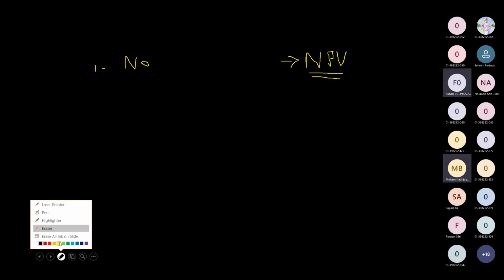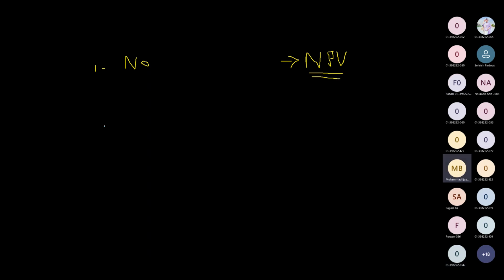Now, the second scenario is if the difference in investment is too big, then what? Sorry, I'm really sorry, this mouse is not working. In that case, you expect that the rate of return must be big as well.